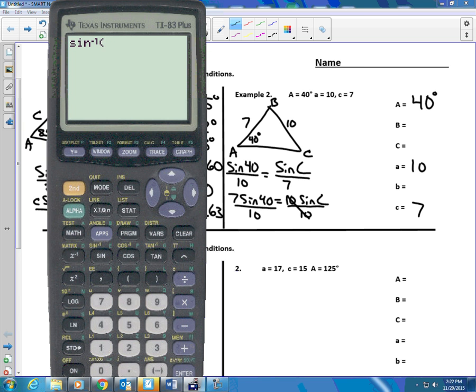You see that? So sine inverse of 7 times the sine of 40, close that parenthesis on the sine of 40, divided by 10, and close my final parenthesis. 26.74. Is that an angle or is that a side? We just solved for an angle. We solved for angle C.